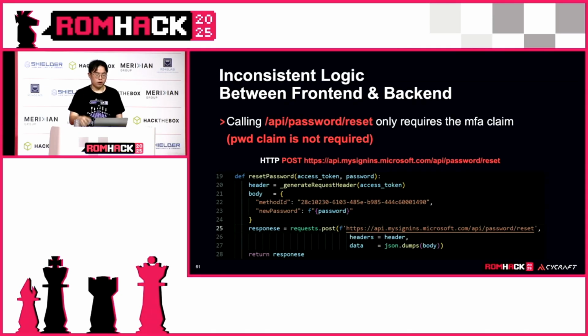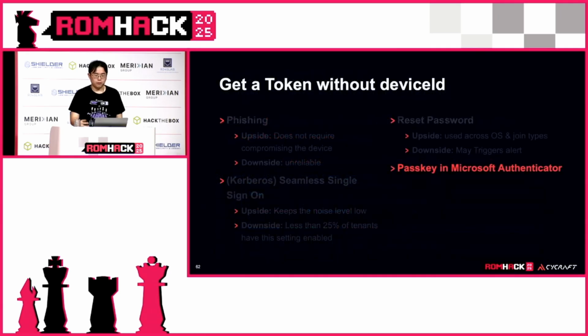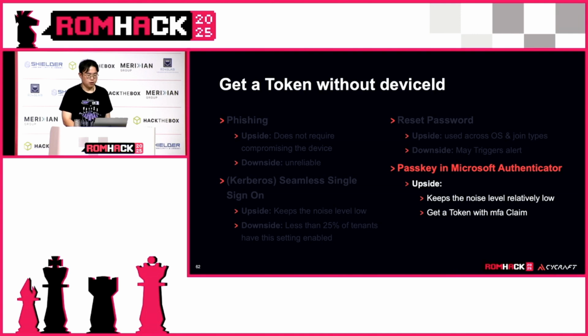Later on we will give you a demo. The default method is to use a passkey in Microsoft Authenticator. The upside is the noise level is very low, and you can get the token without a device ID. Also, you get the MFA. But the downside is you require some user interaction, so you need to pull out your phone and press enter.